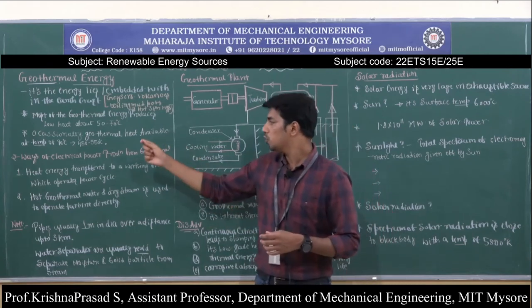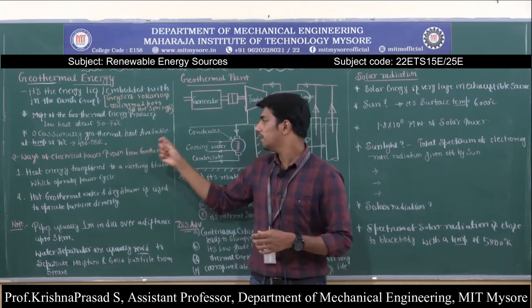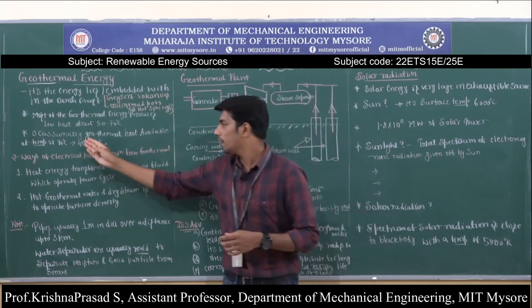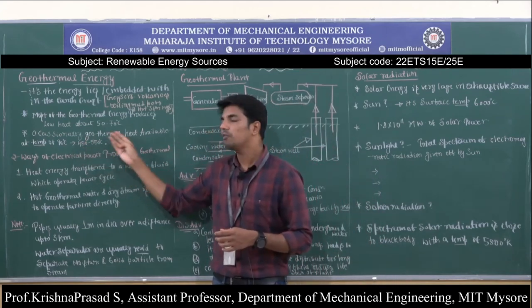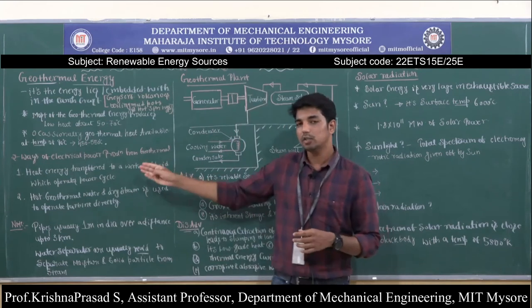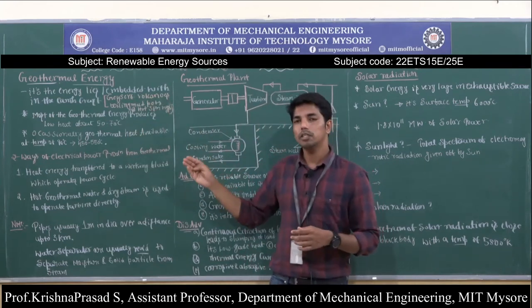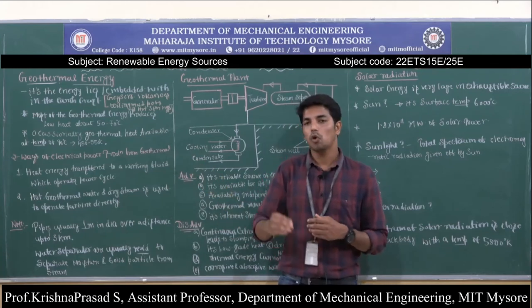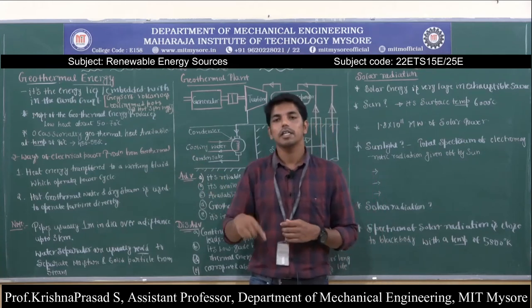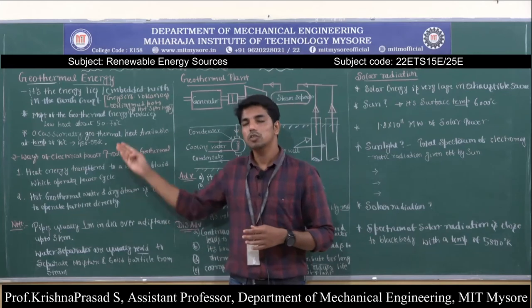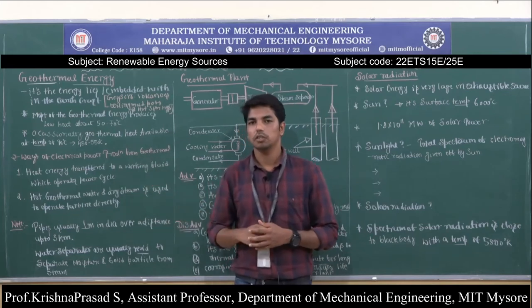Occasionally, geothermal heat is available at temperatures of 90 degrees centigrade to 450 to 550 degrees centigrade. This is particularly at volcano regions, from which electrical power is also obtained by running a turbine. Okay, so this is regarding the usability of geothermal energy.